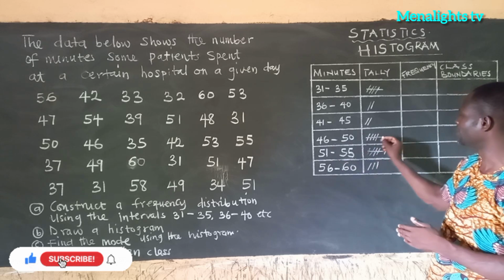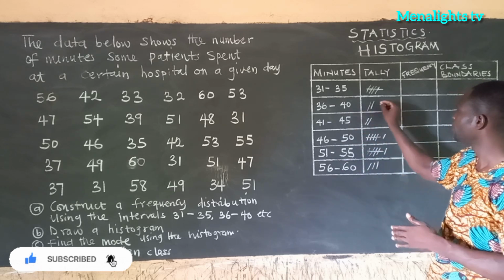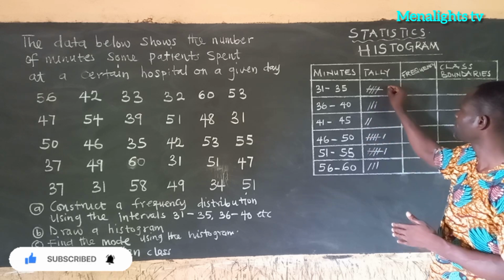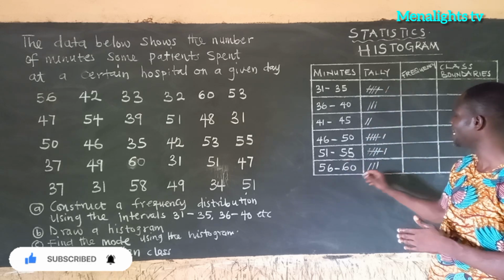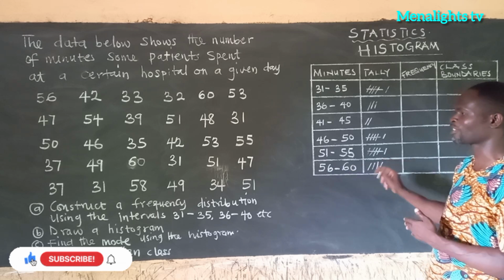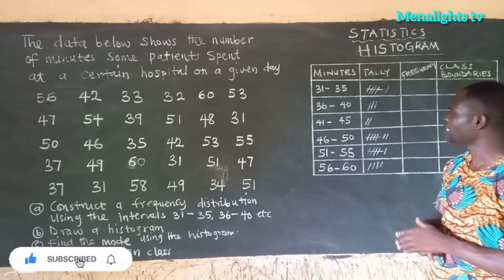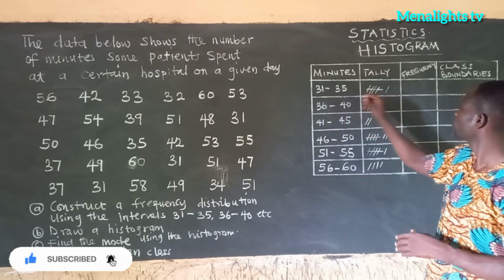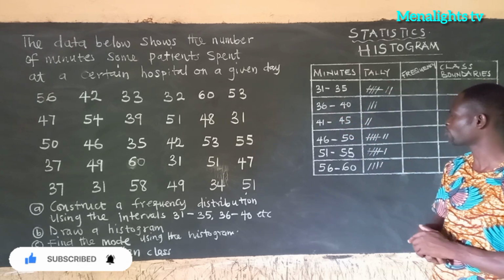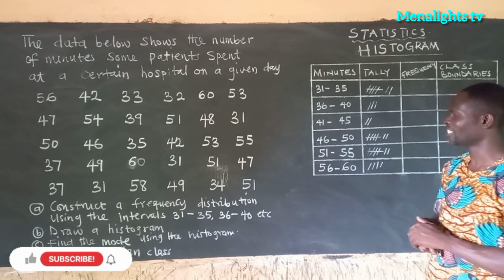Then 47, we have the 47 here. 37 is here. 31, we have it here. 58, between 56 to 60, so the 58 is here as well. Then we have our 49, which is here. 34, so 34 is also here. Then the last one, 51, so the 51 is here.